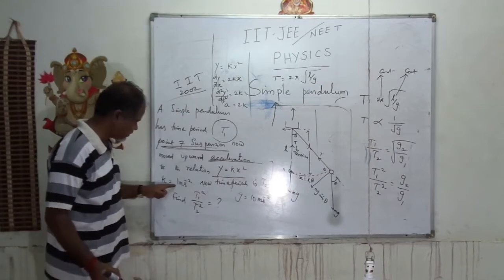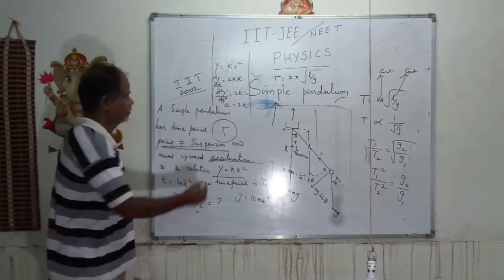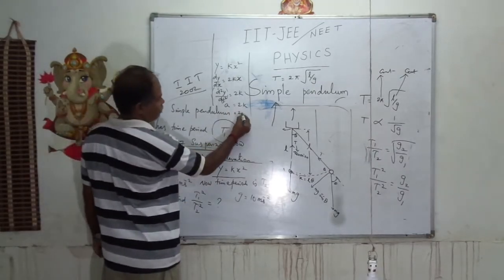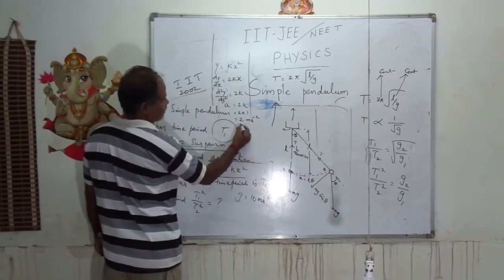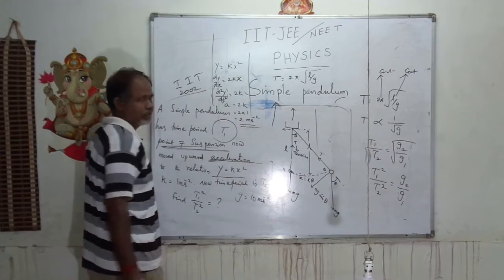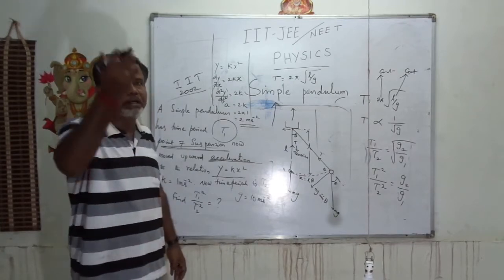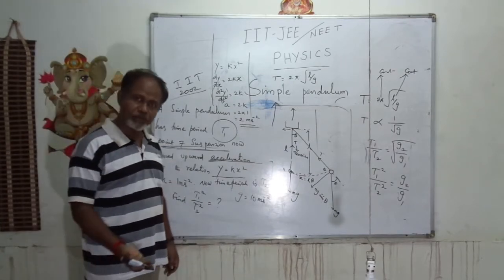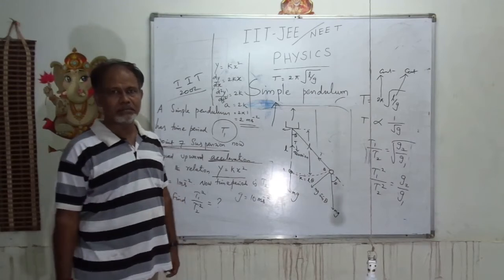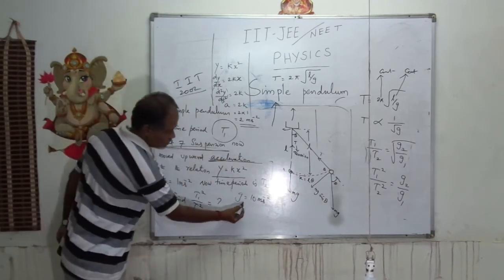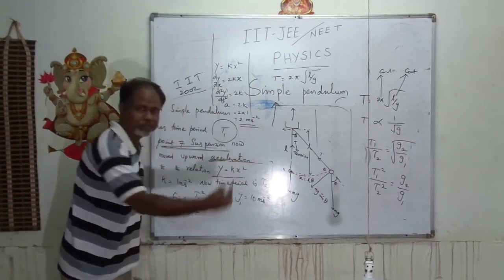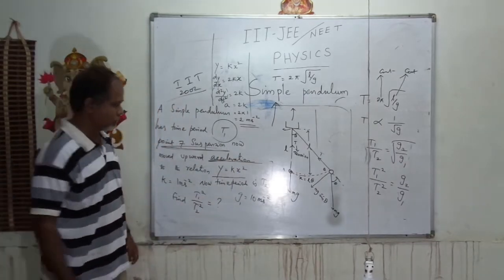K is given here as 1 meter second minus 2. Then 2 into 1 is 2 meters second minus 2. This is the acceleration when it is moving in the upward direction. g1 is 10 meters second minus 2.